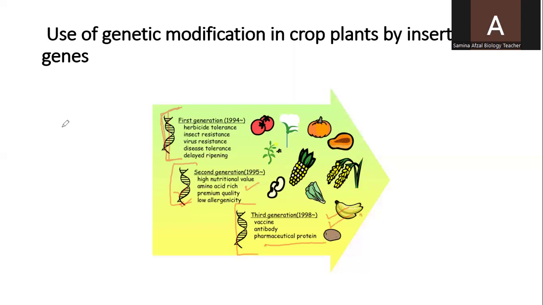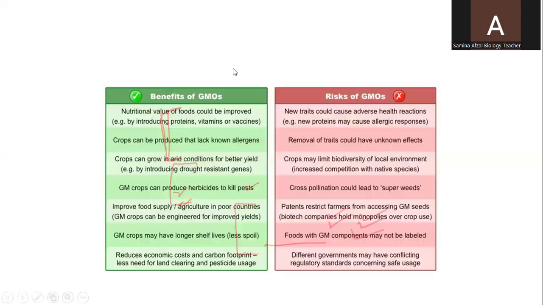That is, the vaccines were manufactured, and antibodies. We were able to make the antibodies, and we were able to make pharmaceutical proteins using the techniques of genetic modifications. So genetic modification is helpful in the formation of different products.